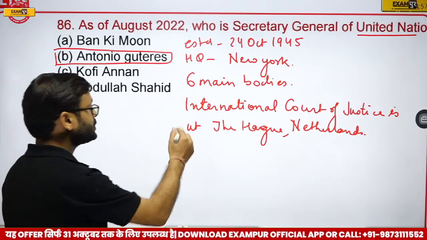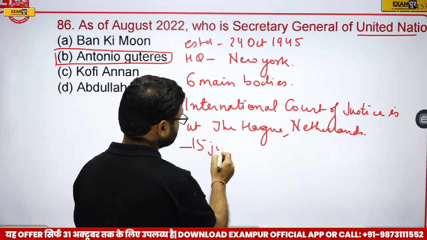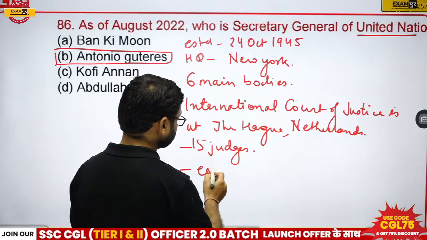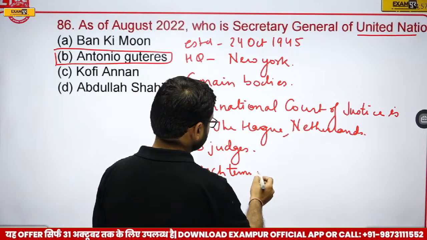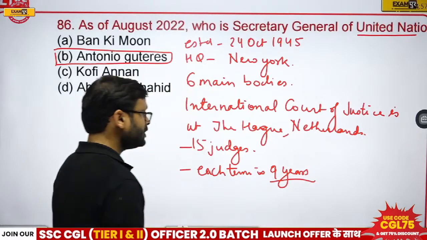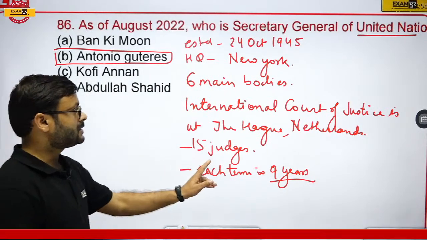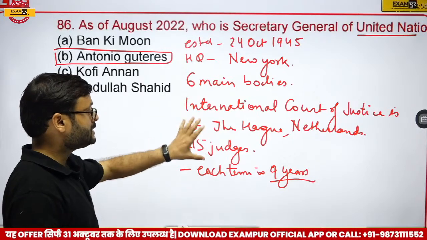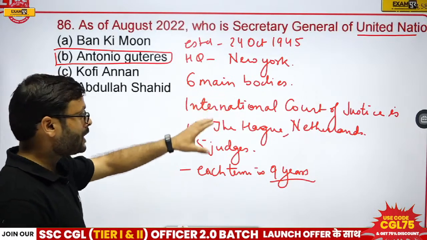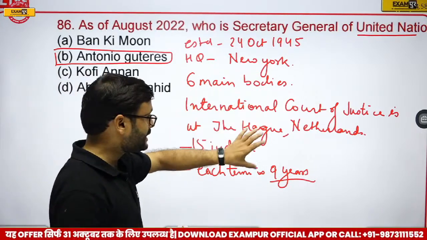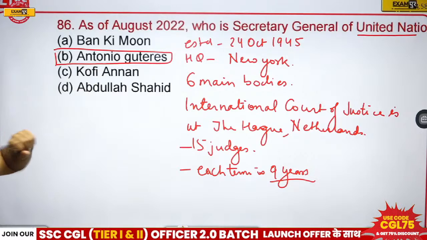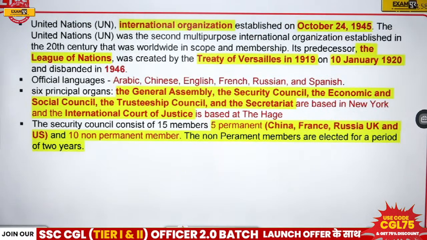There are 15 judges in this court, and each term is 9 years. Once you are appointed, you will work for 9 years in the ICJ. The ICJ is part of the six main bodies of the United Nations, and all are headquartered at New York except the ICJ. So the correct answer is Antonio Guterres.